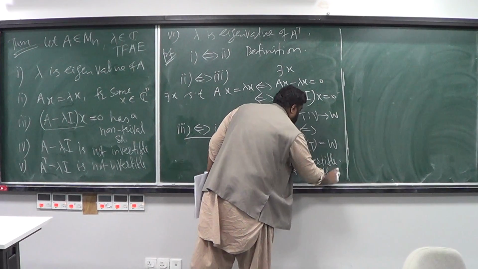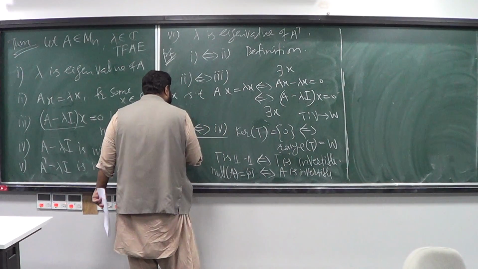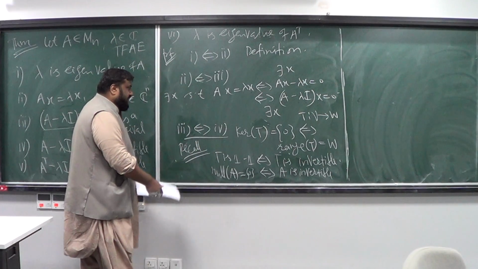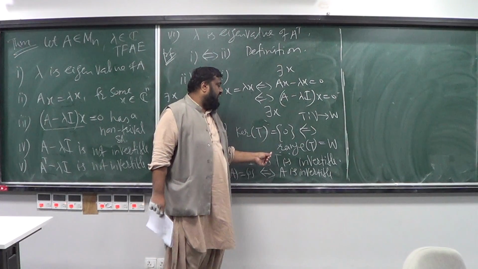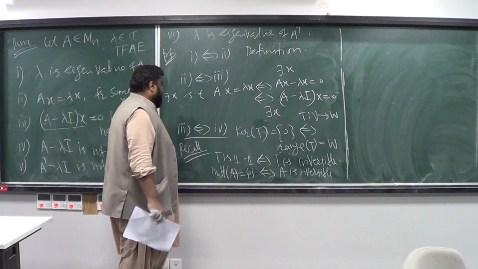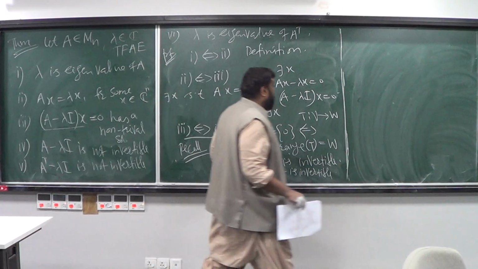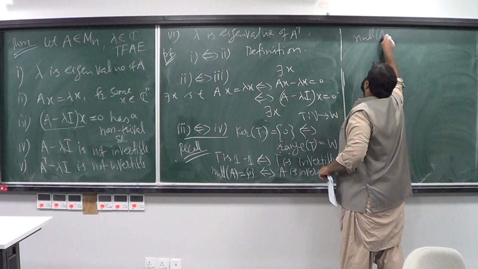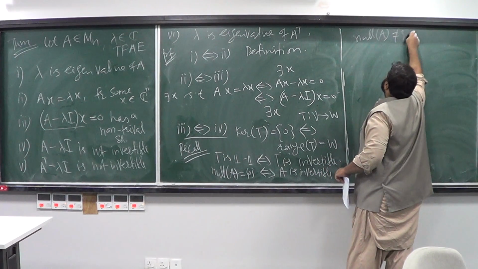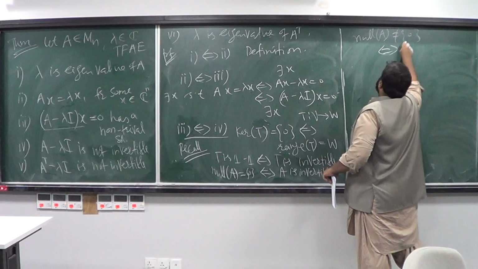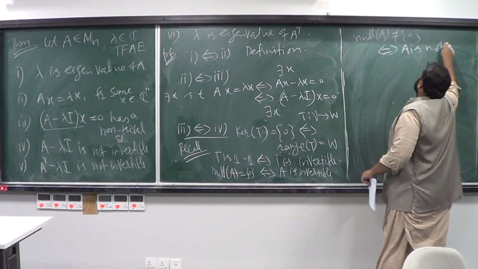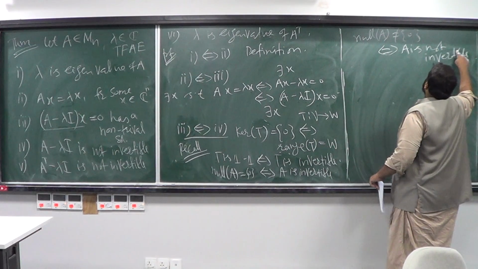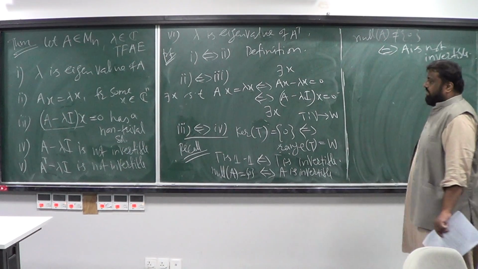So recall this result: for a given linear transformation, the kernel is trivial if and only if T is invertible. If this is true, then this is also true, that if the null space of some matrix is not trivial, then that matrix A is not invertible.